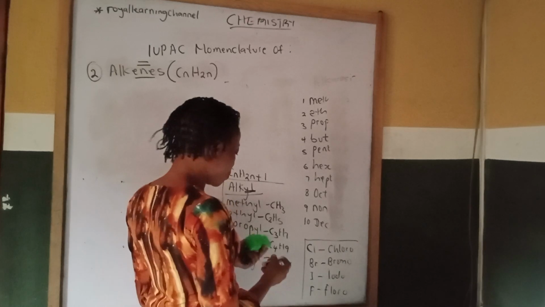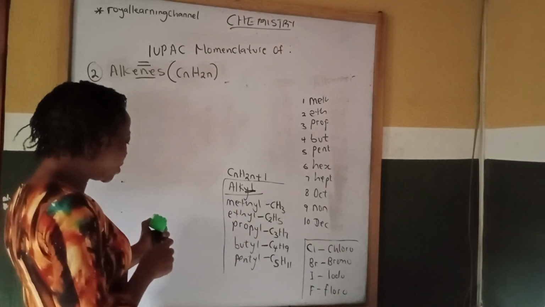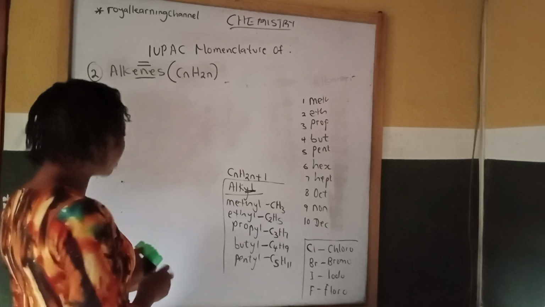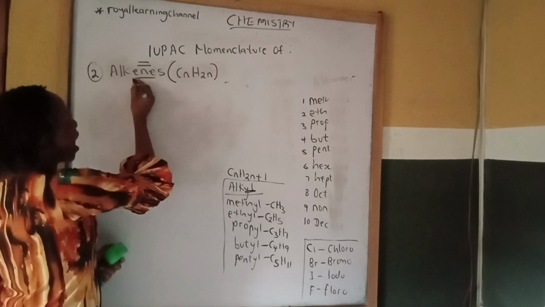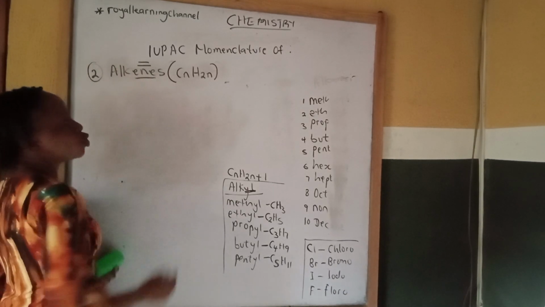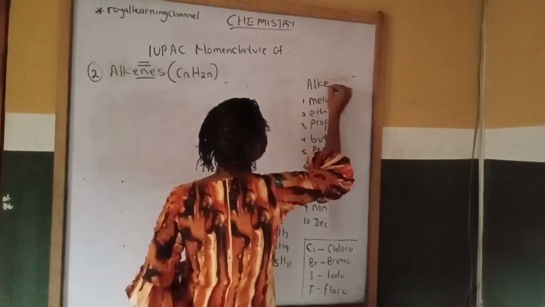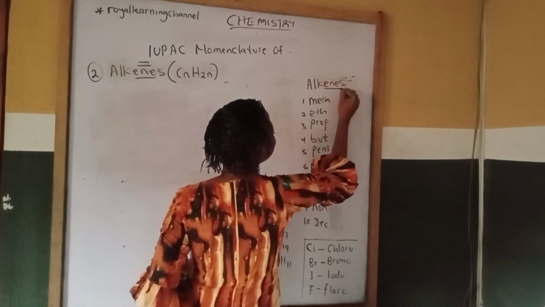Now to derive the name for members of alkene, all you need to do is to add your name ending. The name ending for alkene is ene. So under alkene, the first member will now be add the name ending.